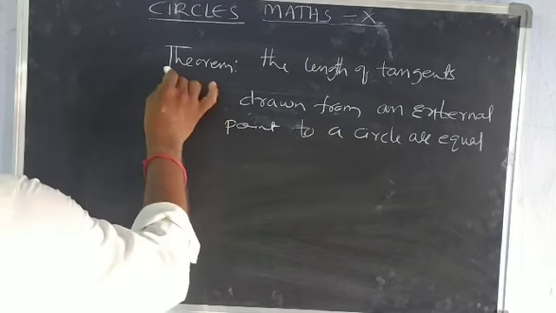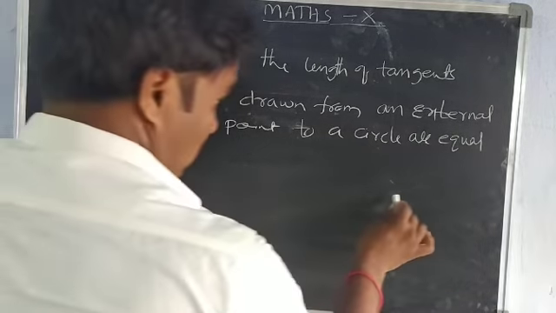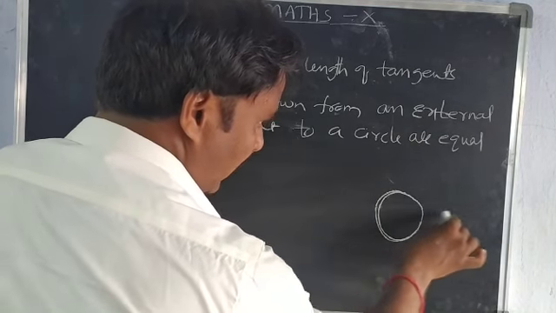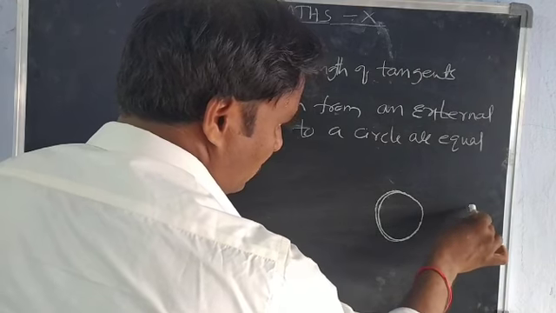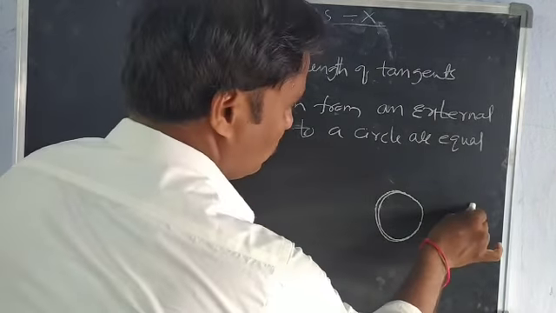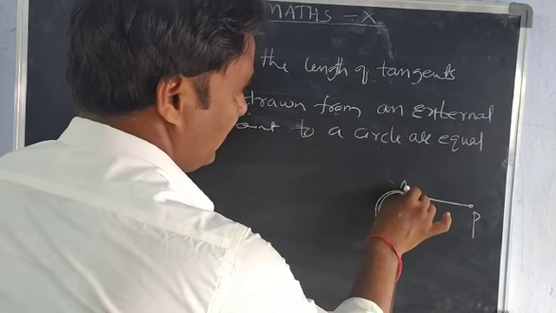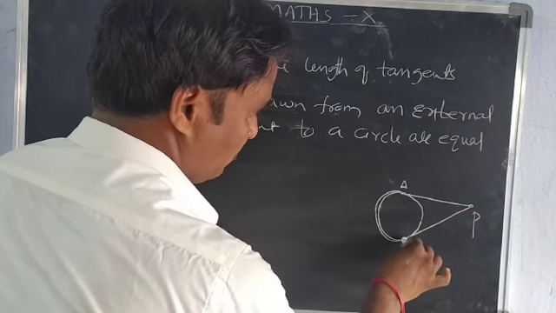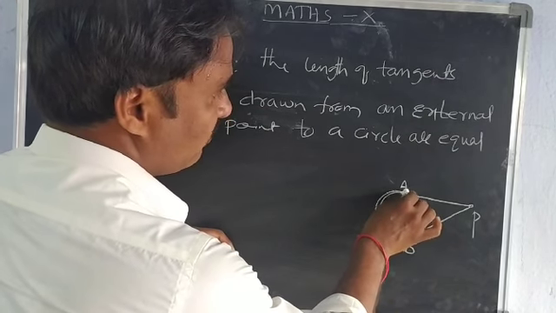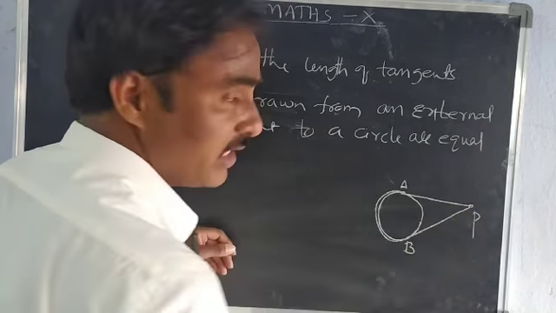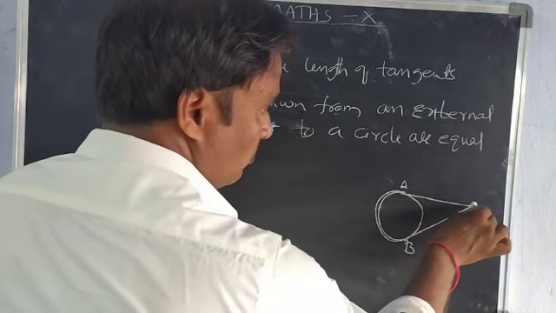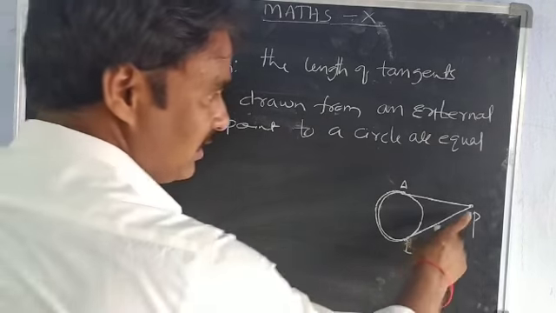Now I am going to prove this theorem. See here, I am taking one circle and one external point P. From an external point to the circle, how many tangents can we draw? Only two tangents. This is PA and this is PB. The length from the point of tangency to point P is called the length of the tangent.